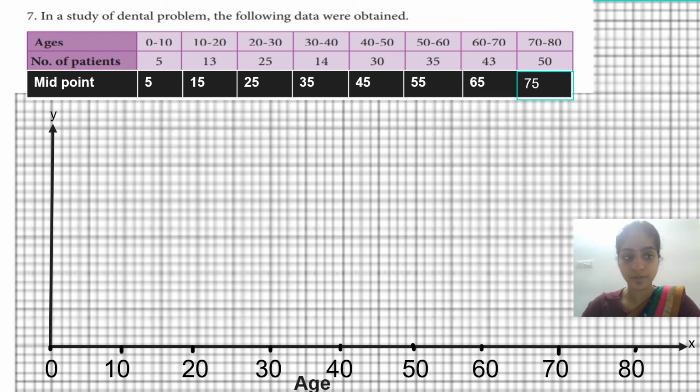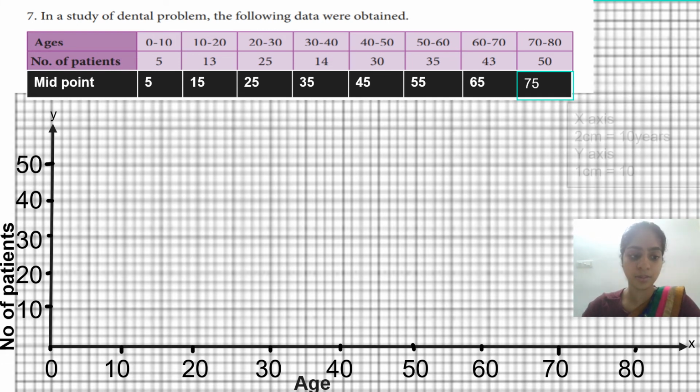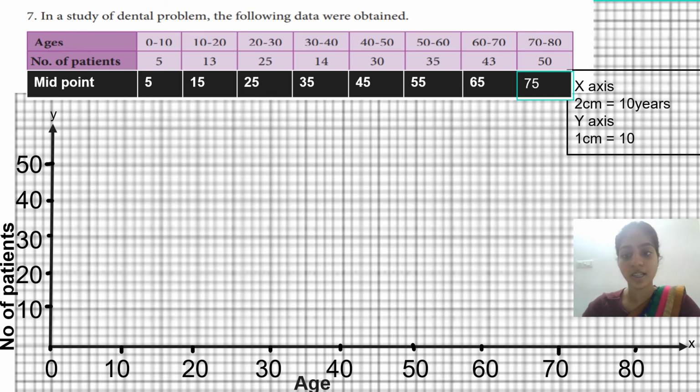Then we denote it by age, and then we go to the y-axis: 10, 20, 30. I have taken this distribution because the highest number of patients is 50 for class interval 70 to 80. Then we write number of patients for the y-axis. On the x-axis, 2 cm is 10 years, and on the y-axis, 1 cm is 10 patients.